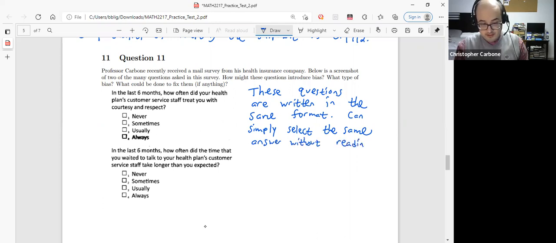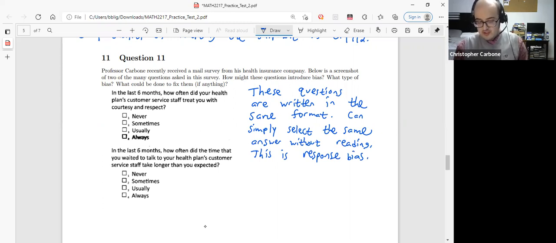Which is indeed an issue. This is response bias, due to the way these are ordered and written out.